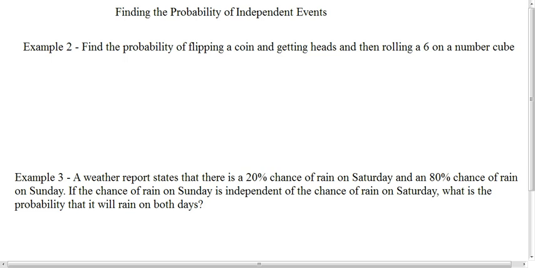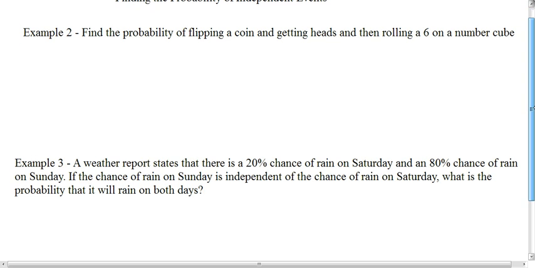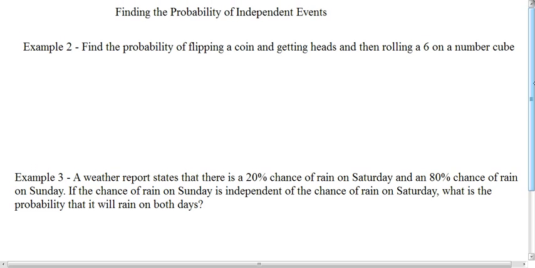Write the problems down, work the problems, and then come back later, press start, and see how well you fare. Okay, so at this time, please go ahead and stop the video, write your problems down, work your problems, and then come back and compare or bring them to class, either one, and we will take a look at them.